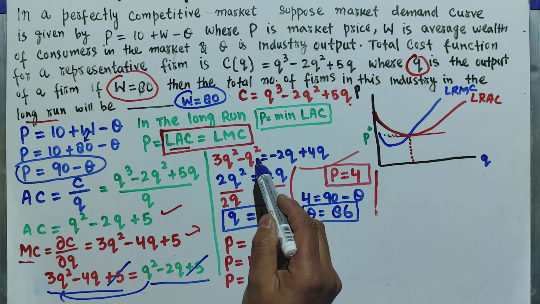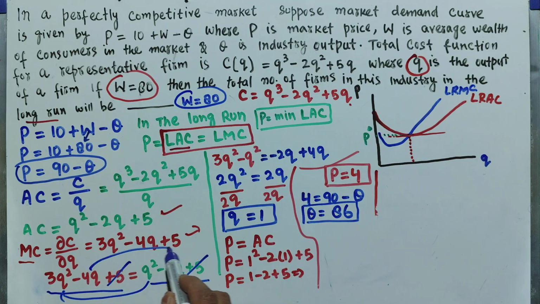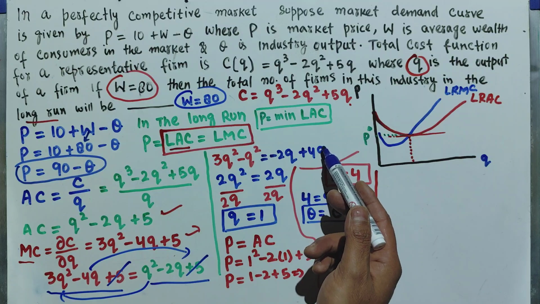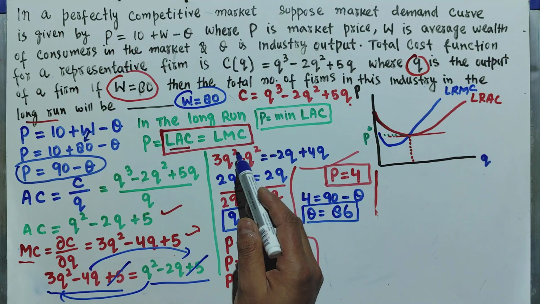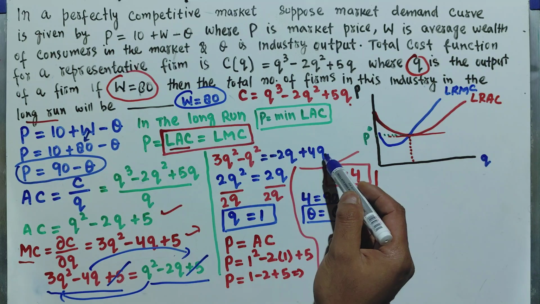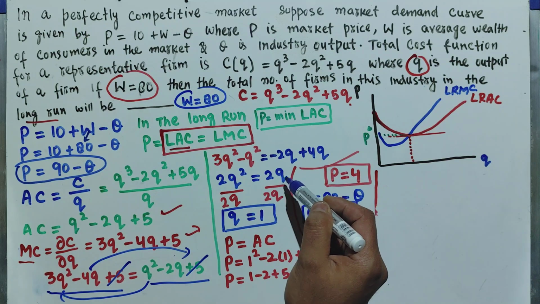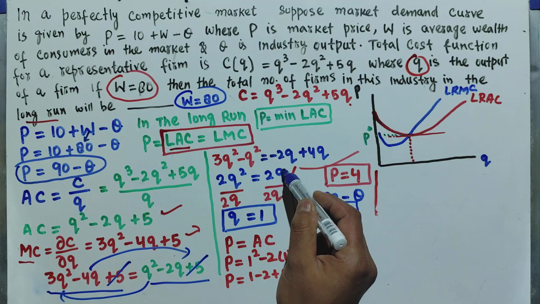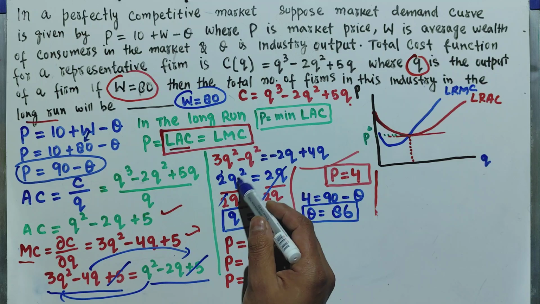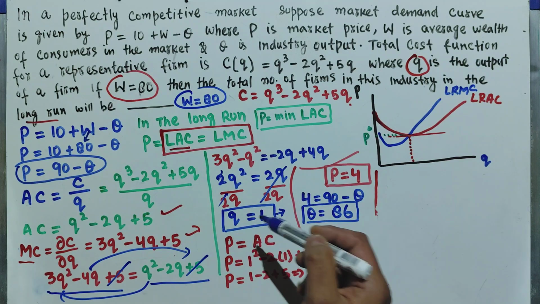So 3q square minus q square will be equal to, then we transpose this minus 4q to the RHS, it becomes plus 4q here. Subtracting q square from 3q square, we get 2q square, and here minus 2q plus 4q becomes plus 2q. Dividing both sides by 2q, 2 and 2 get cancelled and q gets cancelled. That means q will be equal to 1.